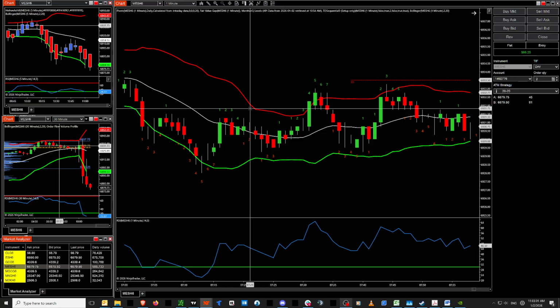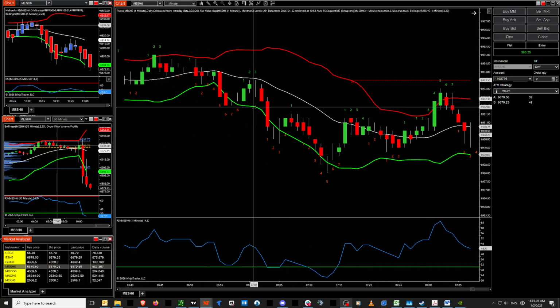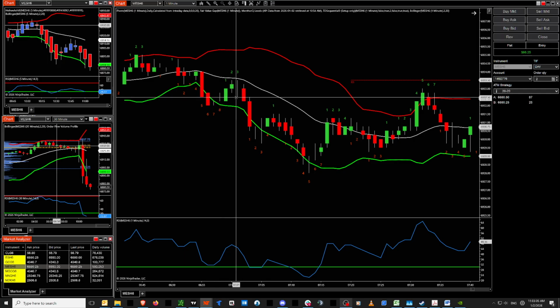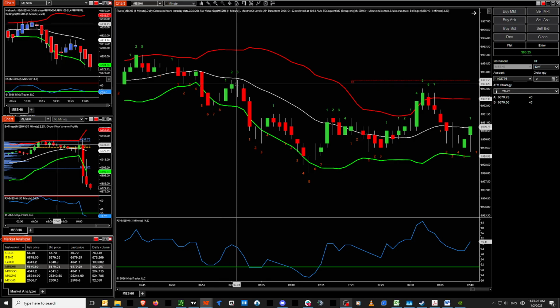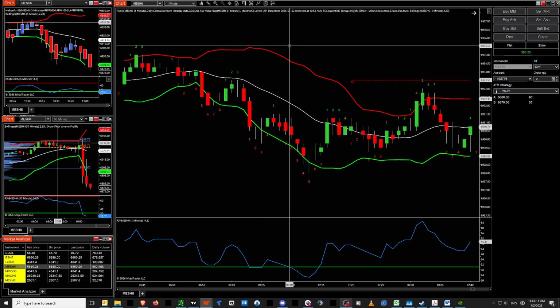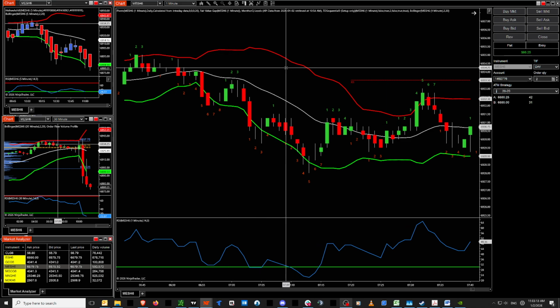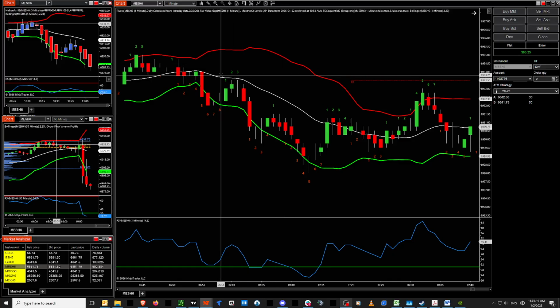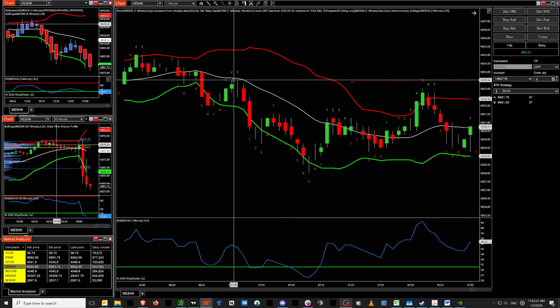Now, I'm going to pick starting at 7 a.m. Eastern Time right here. What the indicators are on the chart: this is a Bollinger Band. The middle of the Bollinger Band is a 20-period moving average. That's the white line.